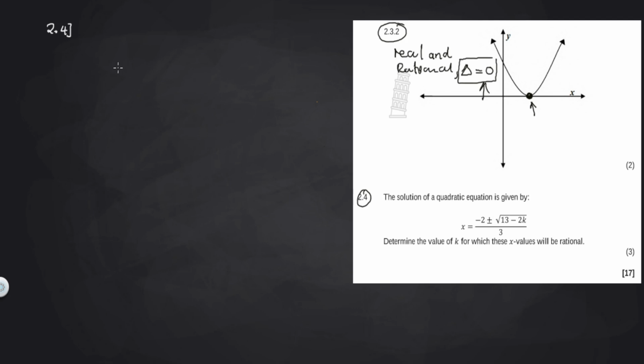In order for our x values or our roots to be rational, your discriminant must be greater or equal to 0. Don't forget, a discriminant, it's that b squared minus 4ac, which is normally found under the square root of a quadratic equation.